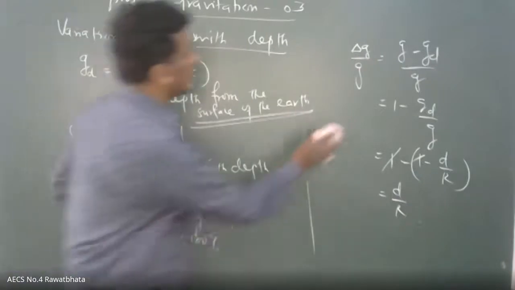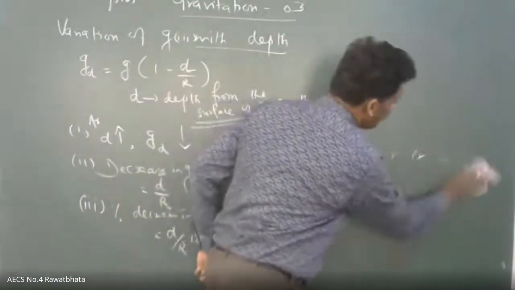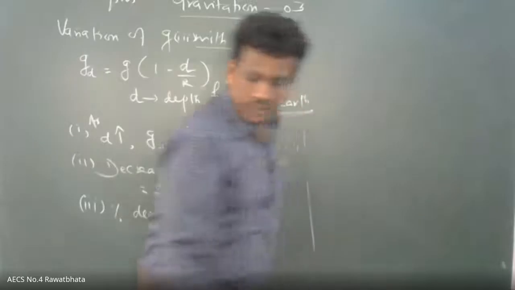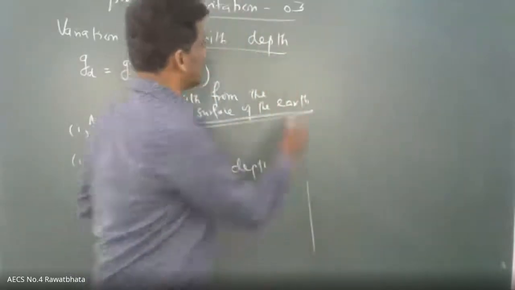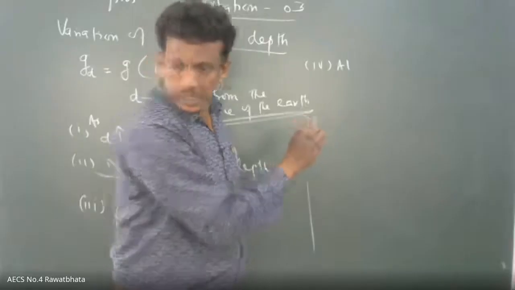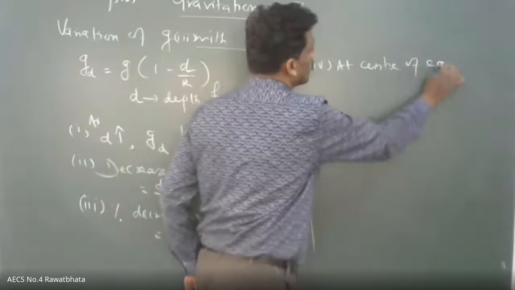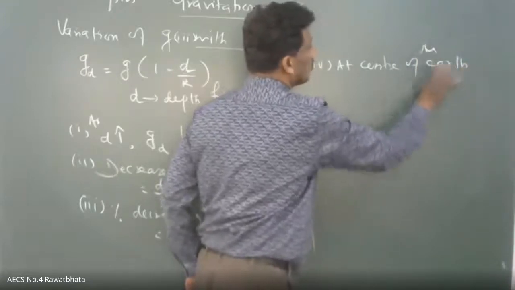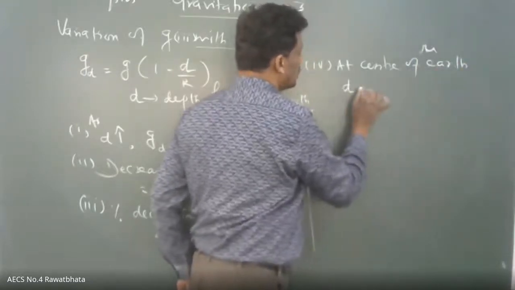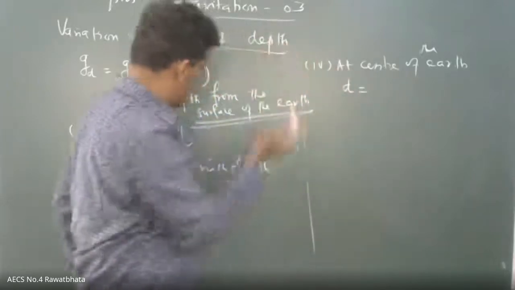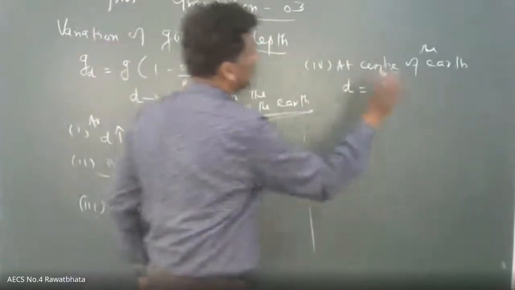So now the fourth point. What will be the acceleration due to gravity at the center of the earth? Zero. Let us see that.